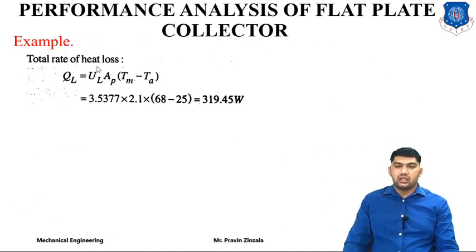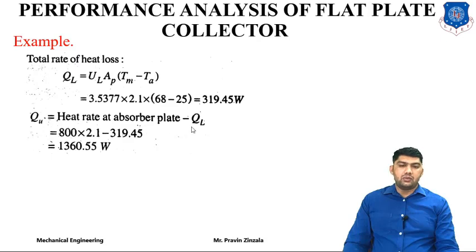So the total rate of heat loss, Q_L, is equal to U_L, the overall heat transfer coefficient, times Ap, the area of the collector, times Tm minus Ta. In the given data, the total rate of heat loss is equal to 319.45. You also studied in convective heat transfer that Q is equal to UA delta T.